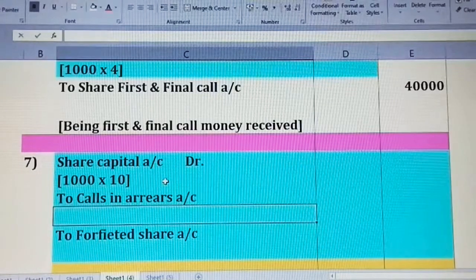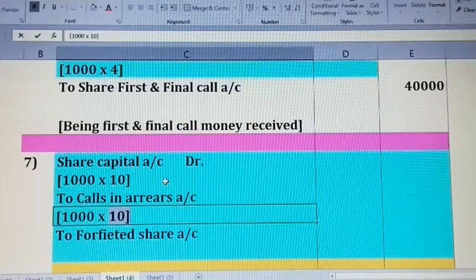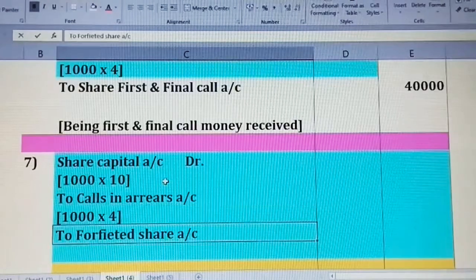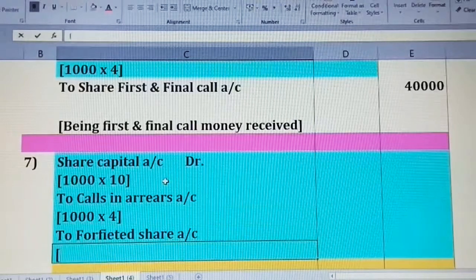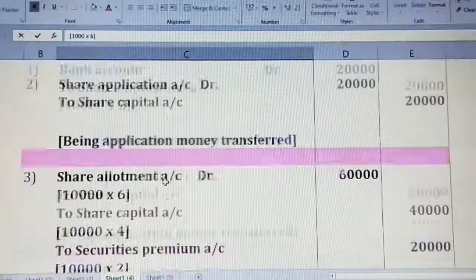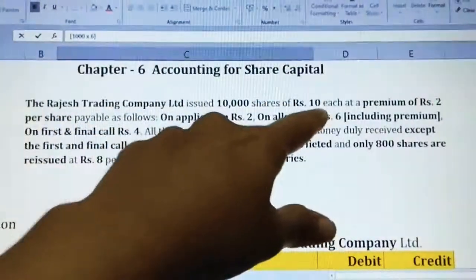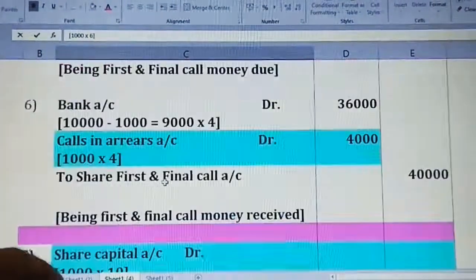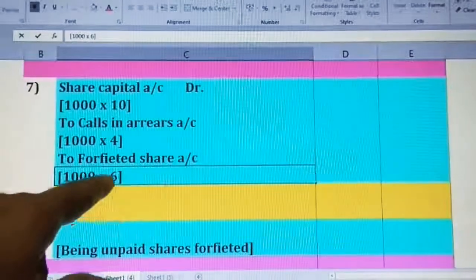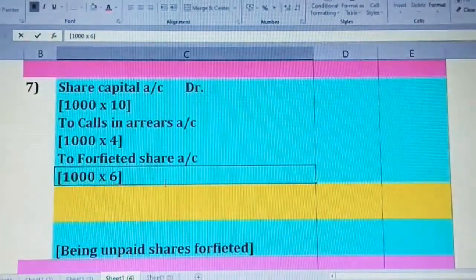Next, 1,000 into what is called in arrear rate 4. So the balance is going to be here 1,000 into 6. Observe, the face value is going to be 10. Calls in arrears is 4. So 10 minus 4 gives us 6.